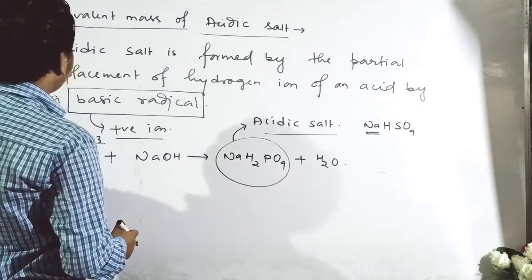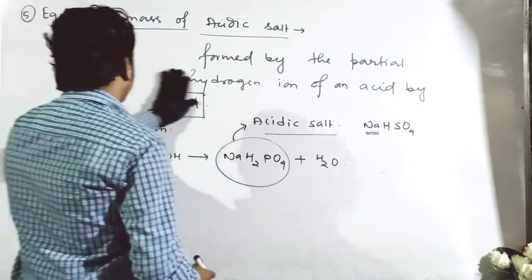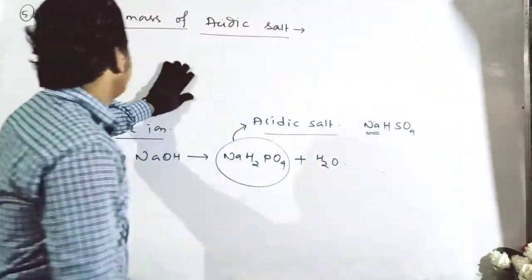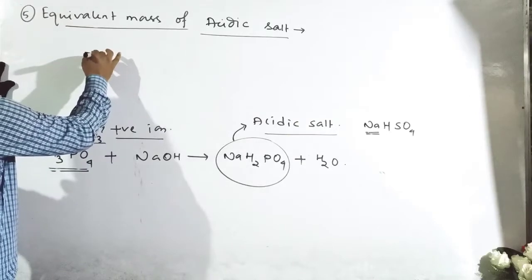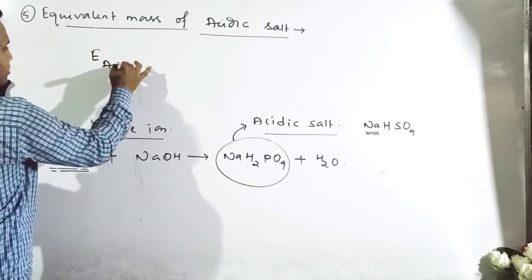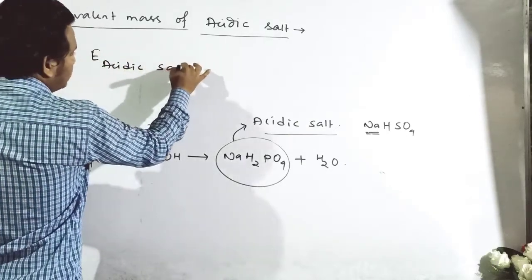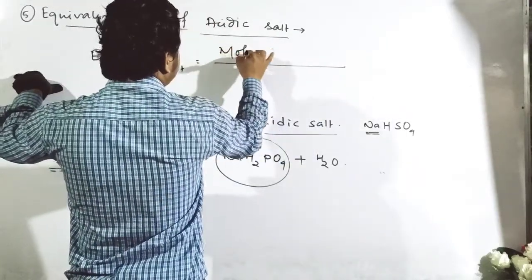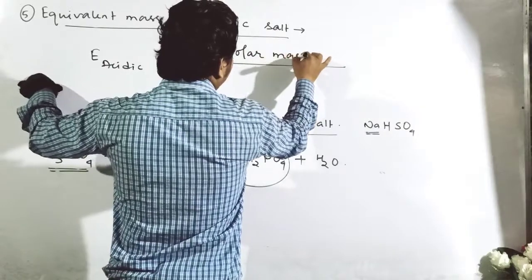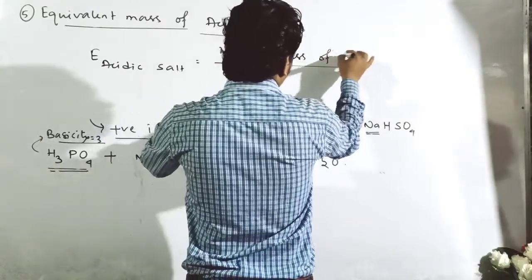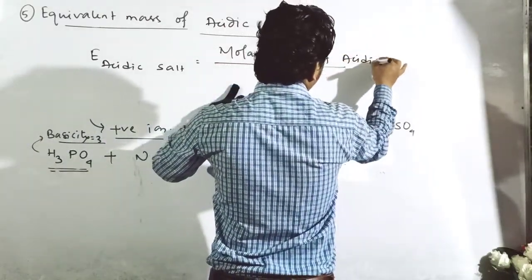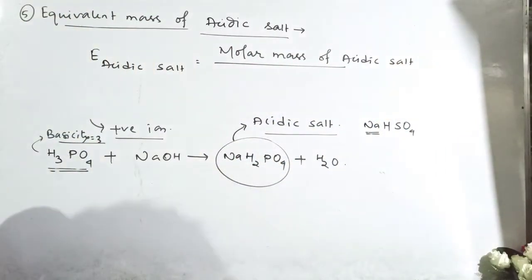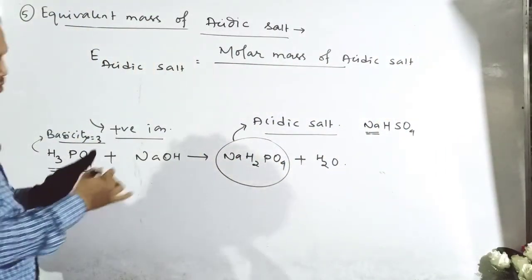How can we find equivalent mass? So let us discuss how can we find the equivalent mass of acidic salt. The equivalent mass of acidic salt, the formula is the molar mass of acidic salt by the replaceable hydrogen atom in it.